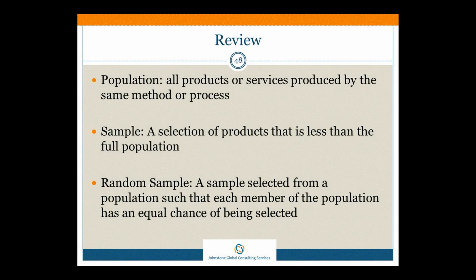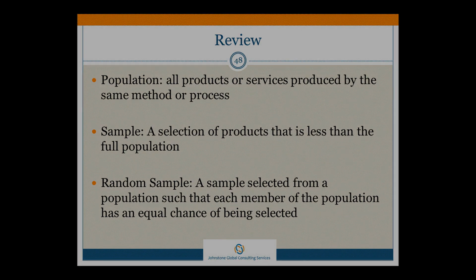Okay, time for a little review. A population is all products or services produced by the same method or process. A sample is a selection of products that is less than the full population. A random sample is a sample selected from a population such that each member of the population has an equal chance of being selected.